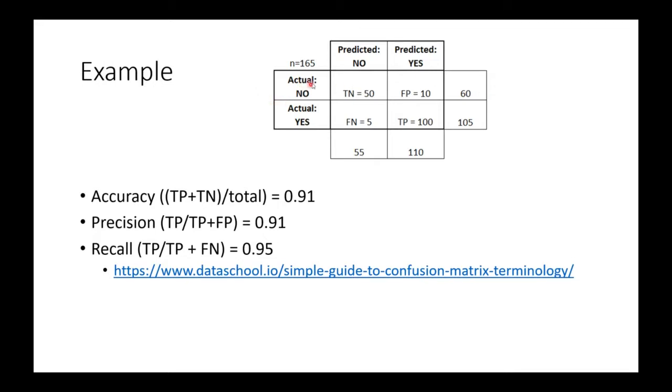So you see that your system said, in this case, that the image of the mold was no case of cancer 50 times, given a data set of 165 data points, and it got predicted correctly. Sorry, it got predicted correctly as no case of cancer 50 times. And it predicted a real case of cancer, and it was actually a real case of cancer, 100 times.